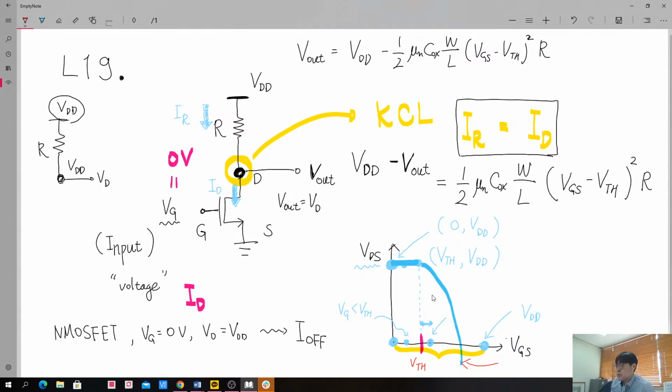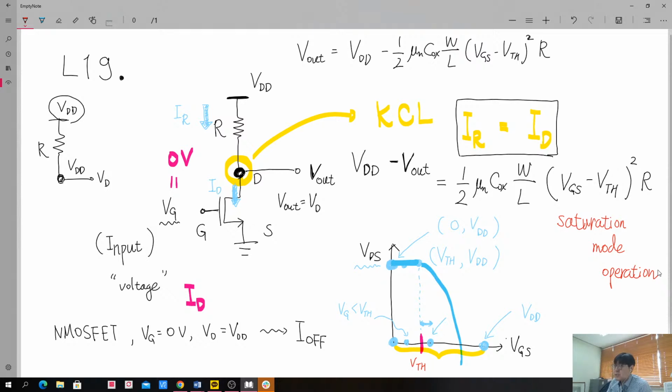Of course, we have assumed one thing. The assumption was saturation mode operation. At the beginning, when the gate voltage is small enough, this is good.